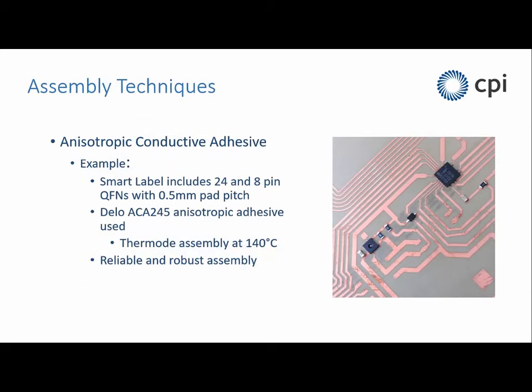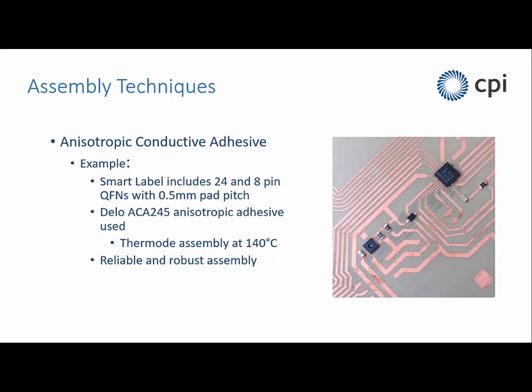And here's an example of an ACA assembly. This is with a smart label that has a 24-pin microprocessor on it, 0.5 millimeter pitch. It's got an 8-pin QFN on there as well, which is the little humidity and temperature sensor, and other small components as well.